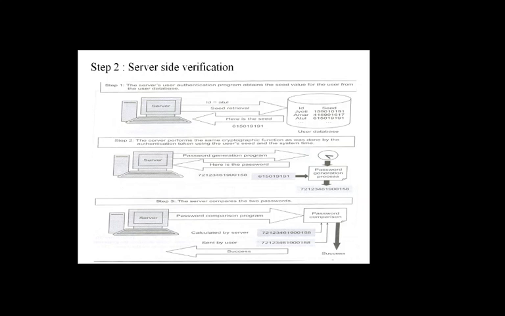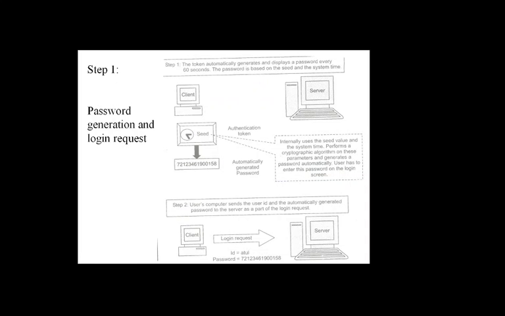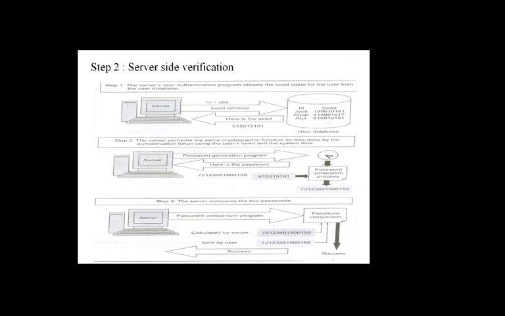Now the server is going to make the verification of whatever it has received: the ID as well as the password. The user is going to first activate the authentication program to obtain the seed value. Once the seed value is received, it activates the password generation program, which generates a password as well as encrypts the timestamp with the seed value, because it is the requirement.